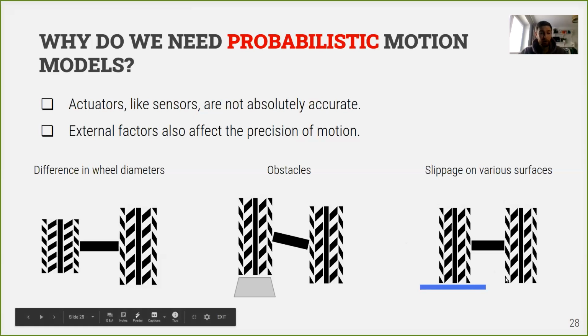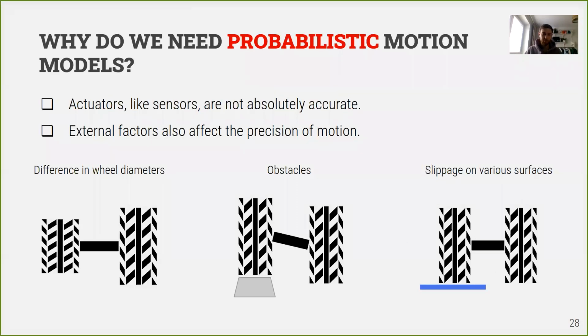And our goal is to predict our robot pose as precisely as possible, and that is why we are trying to use these probabilities directly in our motion models to account for all these types of problems and to predict not the precise position of a robot, but the probability density function.